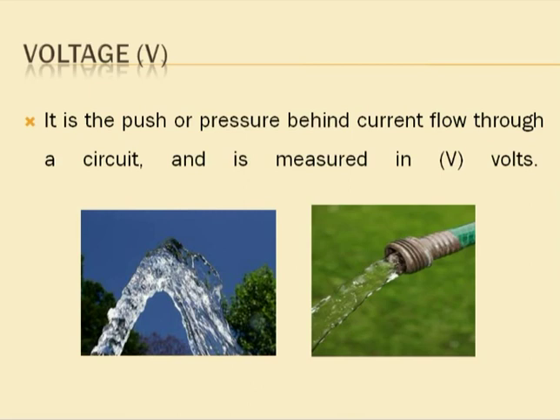As we already know, the flow of water coming out of a pipe depends on the pressure. Similarly, the current flowing through the circuit depends on the pressure, and that pressure is known as the voltage. The unit of voltage is volts. We measure the voltage in volts.